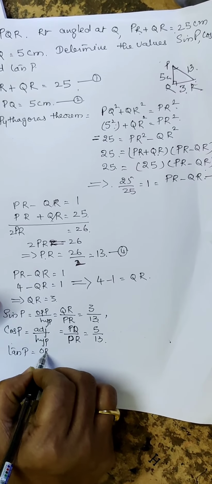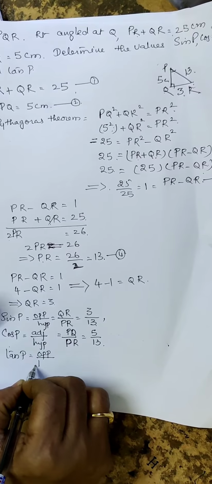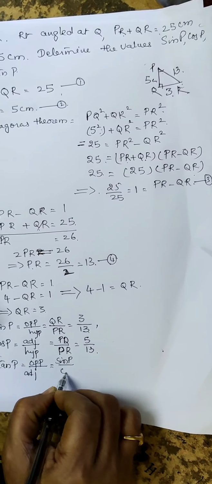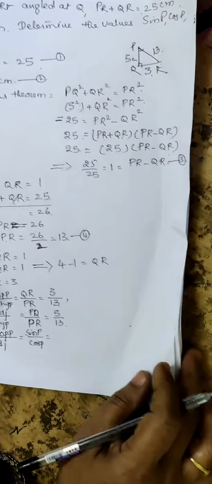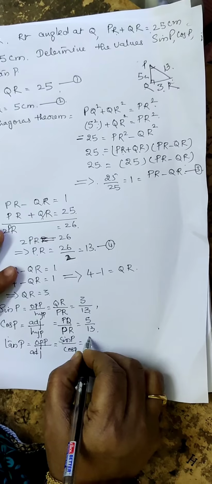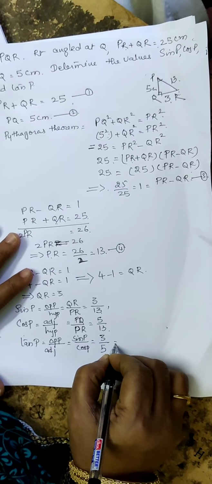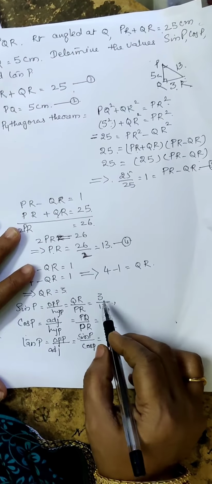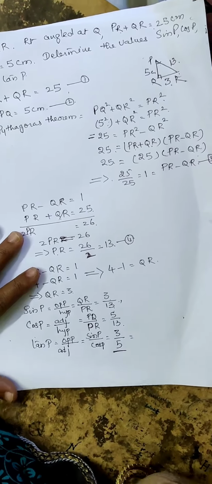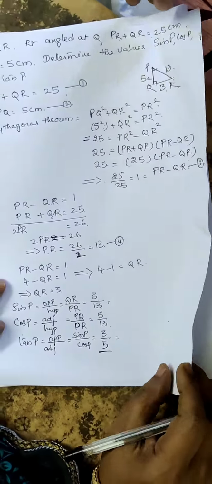Tan P means opposite by adjacent, or this is also equal to sin P by cos P. So what is opposite by adjacent? 12 by 5. Similarly, this is also equal to 12 by 13 divided by 5 by 13. So finally, this is 12 by 5. This is the answer of 10th one.